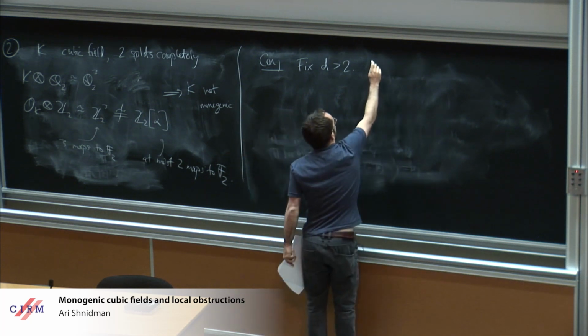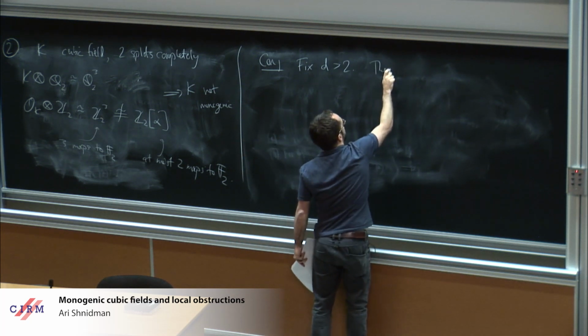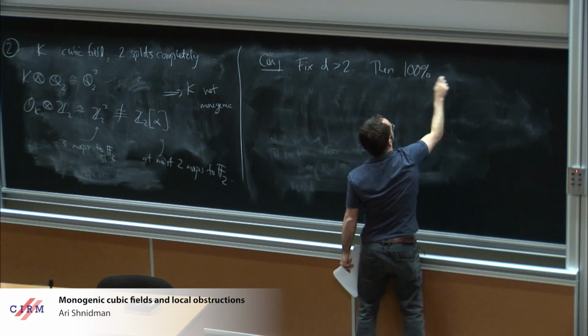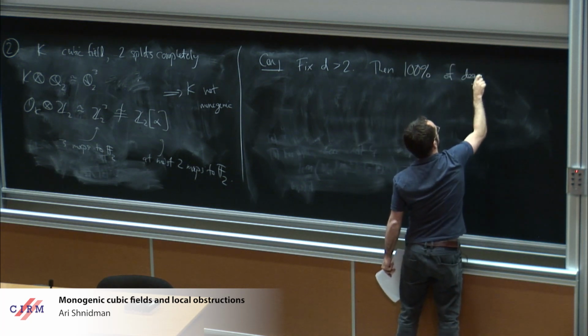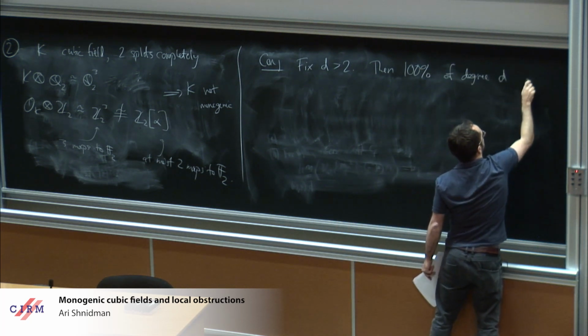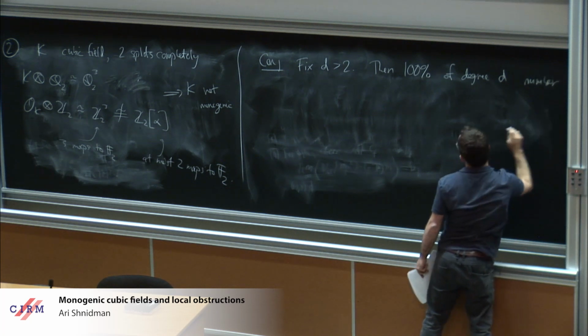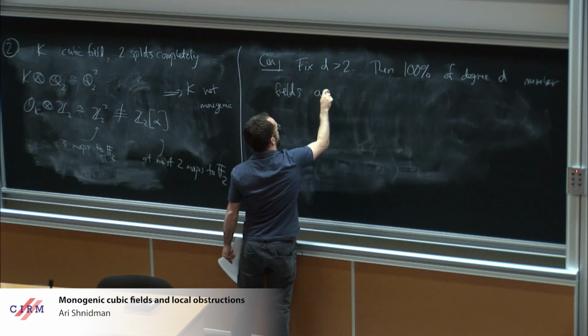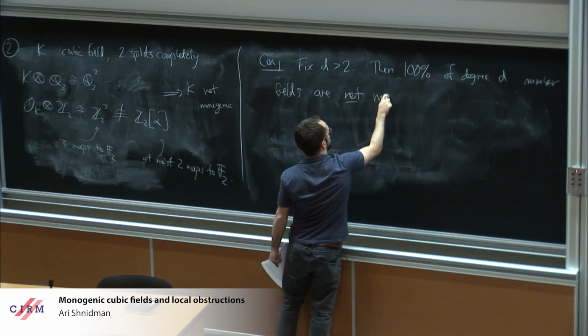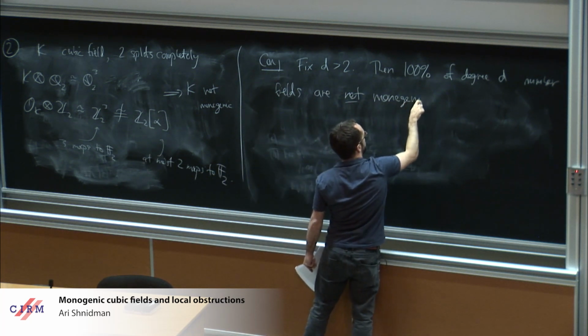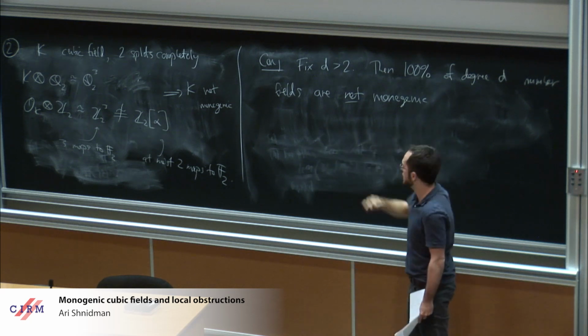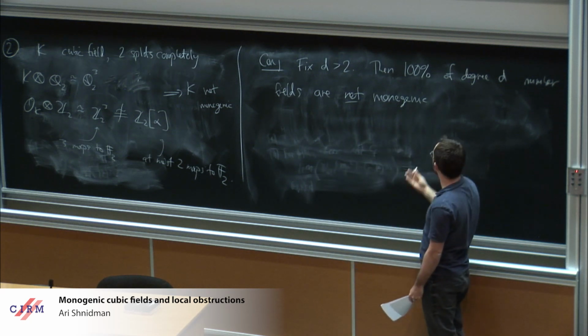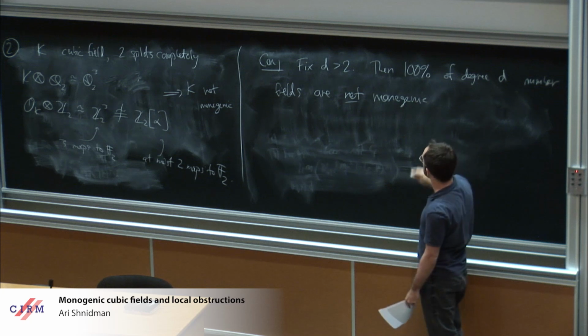So fix this, then 100% of degree D number fields are not monogenic. And when I say 100%, I have some way of talking probabilistically about number fields.